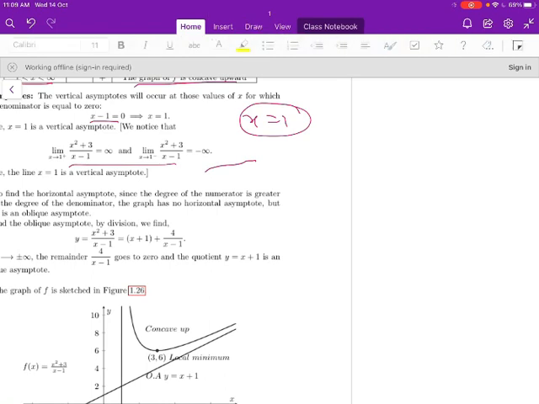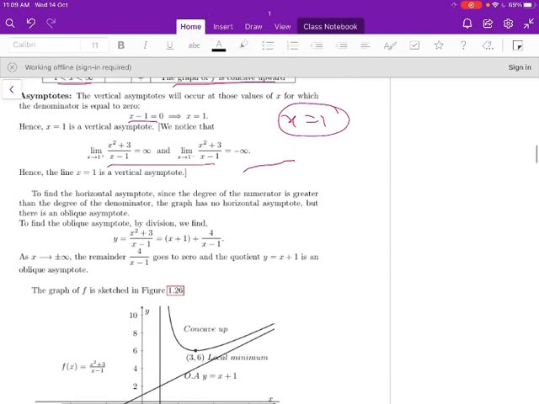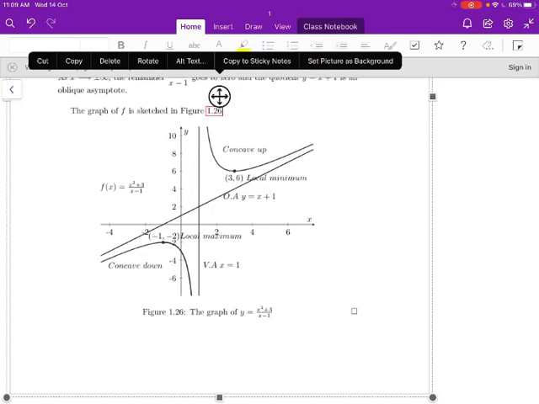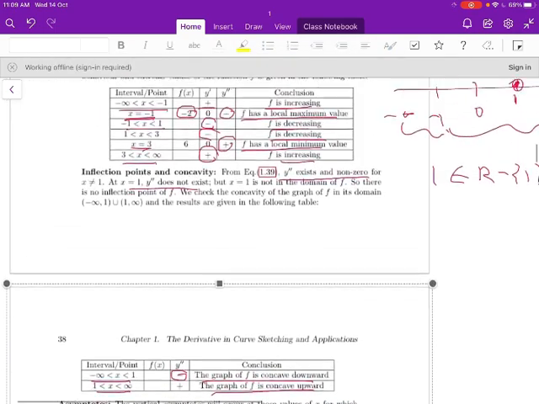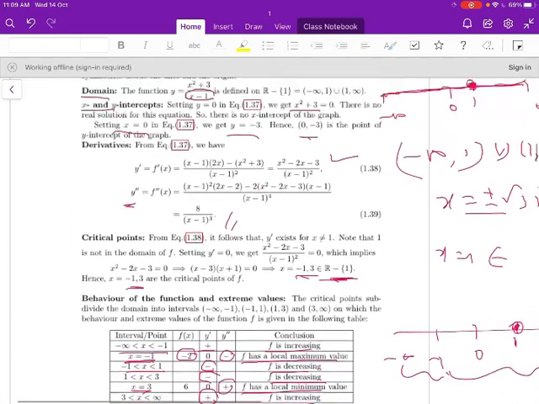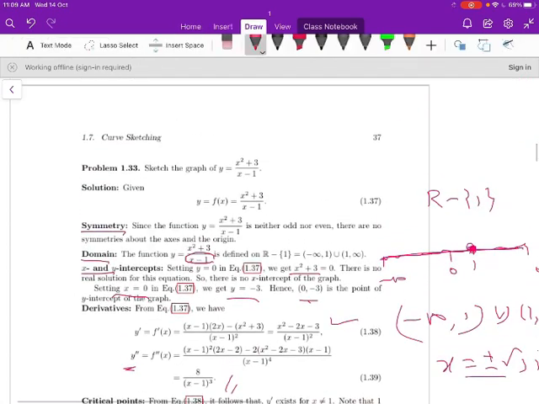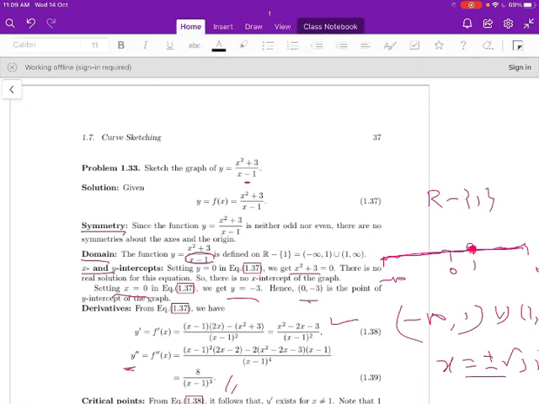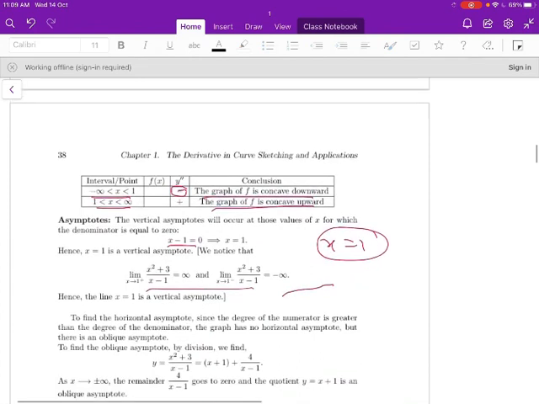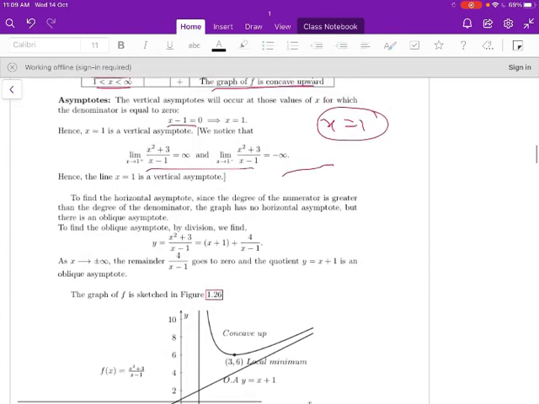Then let us find the horizontal asymptotes. A horizontal asymptote does not exist because the degree of the numerator is more than the degree of the denominator, so there is no horizontal asymptote.